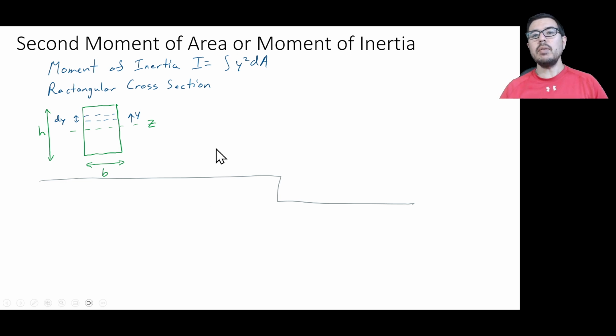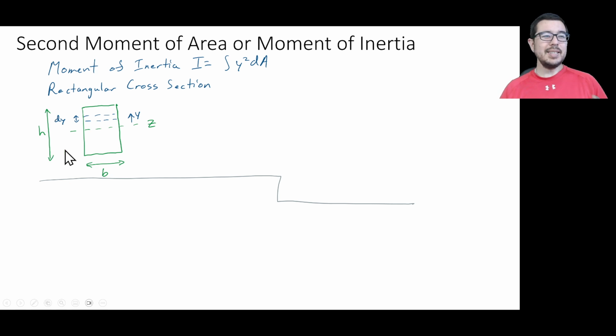When we have that rectangular cross section, we'll say that we have a neutral axis like this, say in the z direction, and we have a height above that neutral axis we'll call y. And when we have this cross section, we're going to give it an overall height h.